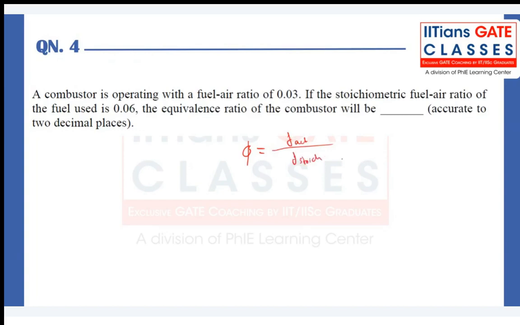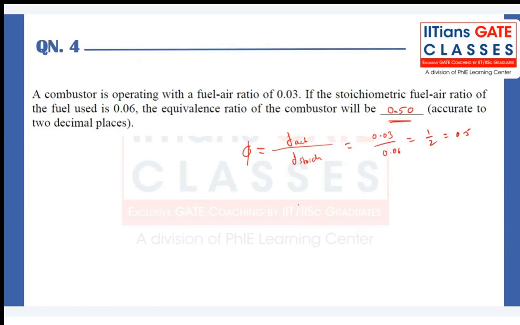So if you look at this one, we have 0.03 divided by 0.06, it will be like 1 by 2, it is 0.5, accurate to 2 decimal places, so 0.50. So this is how we are going to put the answer. So now, it's a very straightforward question.